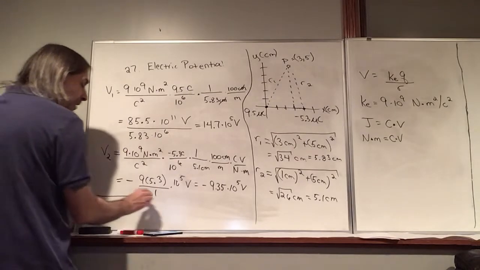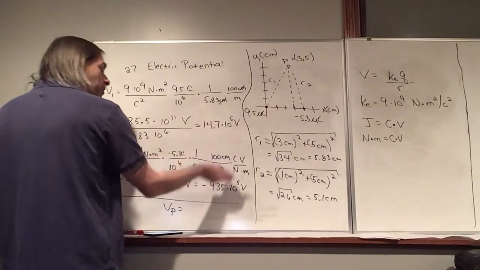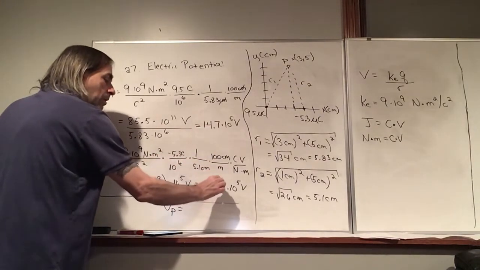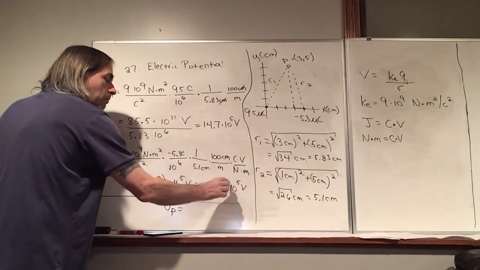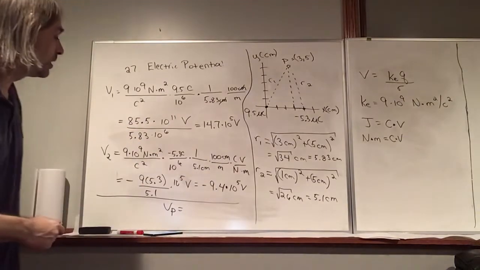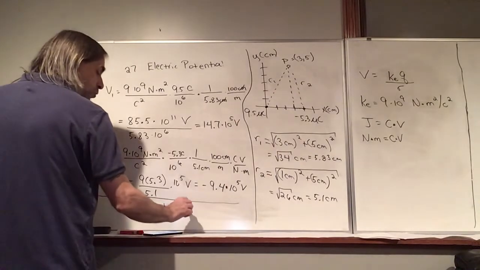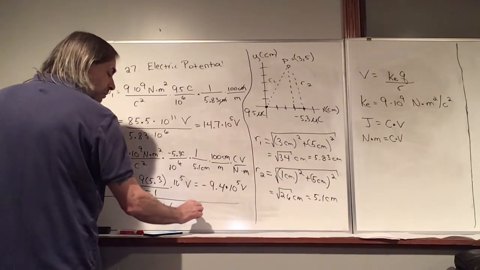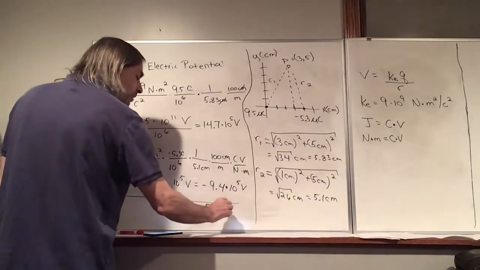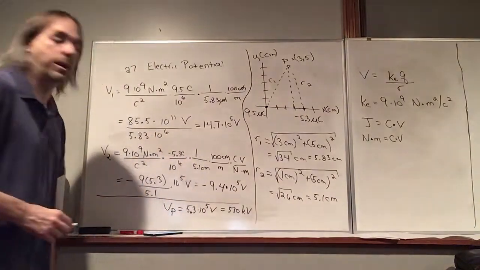So to find the potential at point P, we would just add these two numbers, or take 14.7, let's say 9.4, just so they have the same, we'll cut off at the same place. So 14.7 minus 9.4, that's 5.3 times 10 to the 5th volts, or 530 kilovolts. Could write it that way as well. Either way.